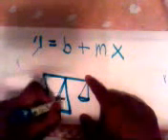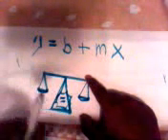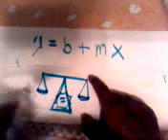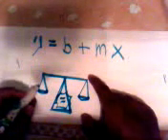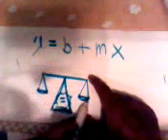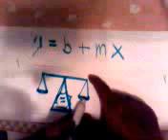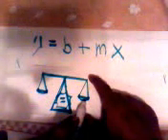So we have right here the equal sign. The left side is equal to the right side. When we add mass on the left side, we have to add exactly the same quantity of mass on the right side.